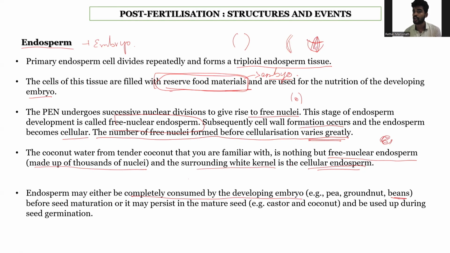That means this endosperm will not be completely consumed. But in beans and groundnuts, the endosperm is completely consumed during the development of the embryo, that is, during seed germination. So these are the differences. These are the two kinds of seeds that you can see in terms of endosperm.